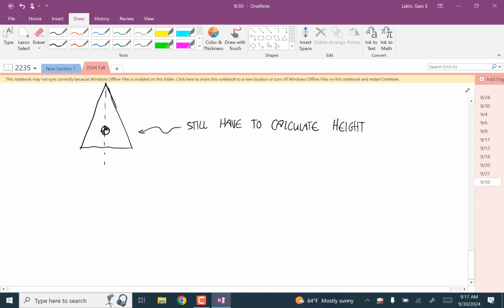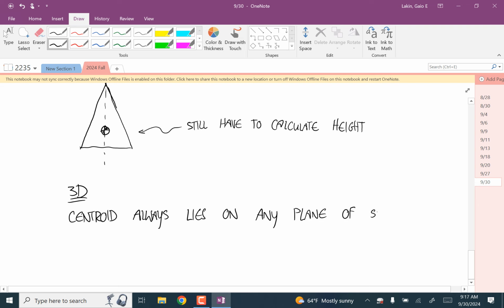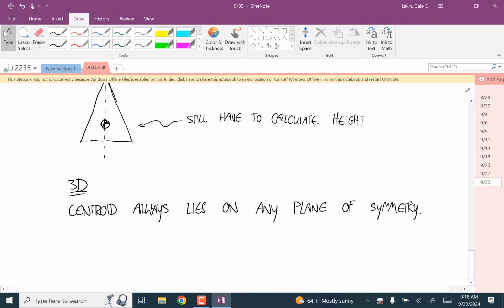Okay, what about 3D? It gets a little harder to visualize in 3D. But in 3D, the centroid always lies on any plane of symmetry. If you can find 3 planes of symmetry, those meet at a point.